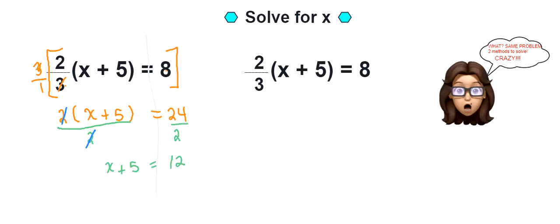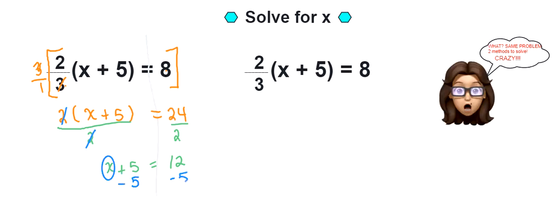The next step, I've got x plus 5 equals 12. I don't want x plus 5 equals 12. I want x to equal something. So what I need to do is get rid of that positive 5. And how do we do that? We subtract.